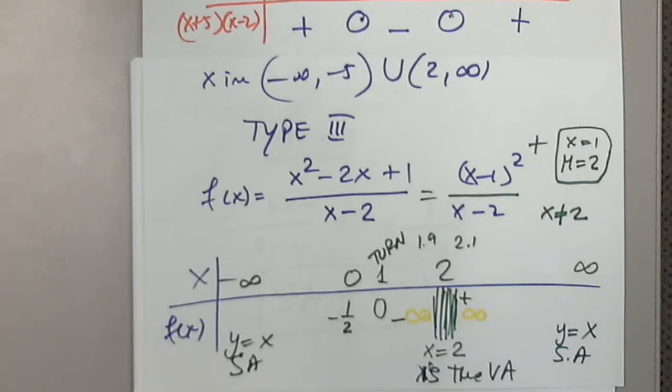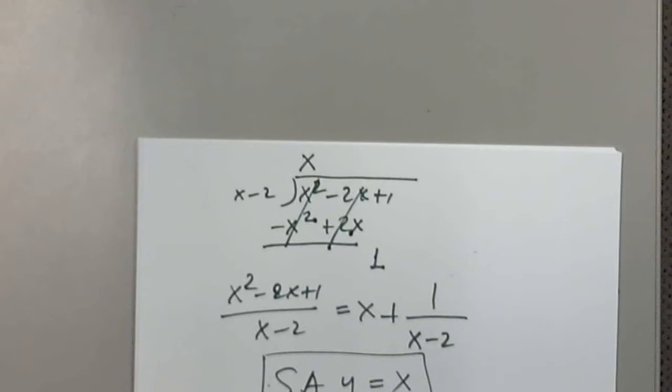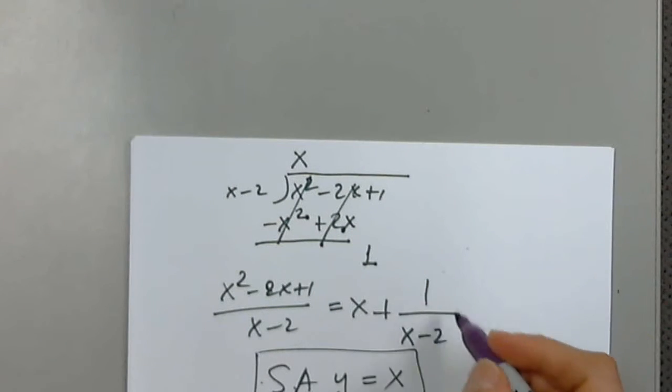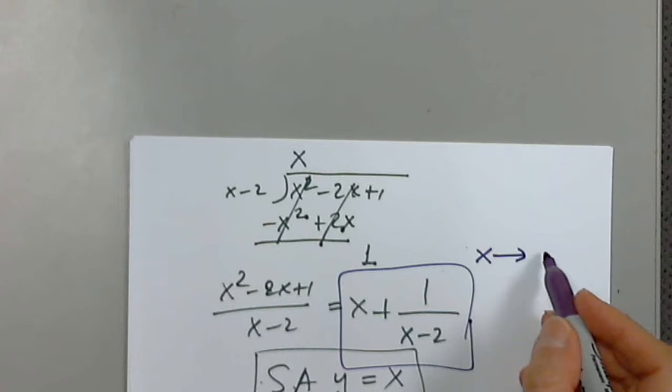Let me tell you why. Let me show you why. Remember, the slant asymptote, like the horizontal asymptote, refers to what happens at infinities, not in the middle. The middle doesn't count. So what happens at infinities? In other words, the question here is, what happens to this expression as x approaches infinity?